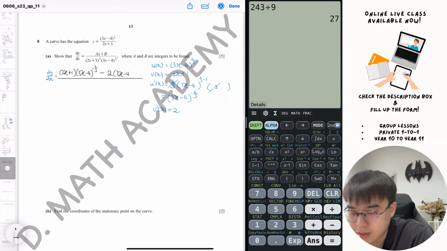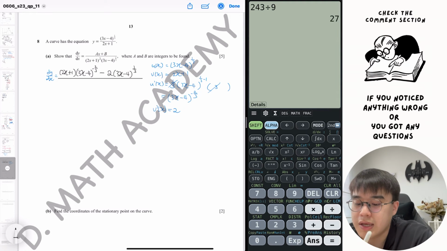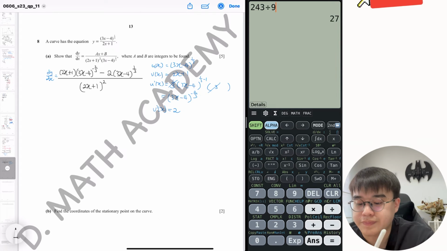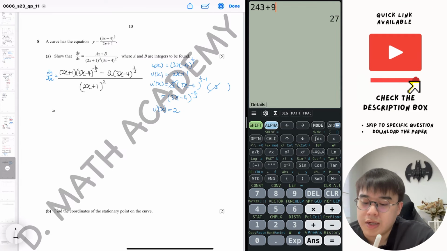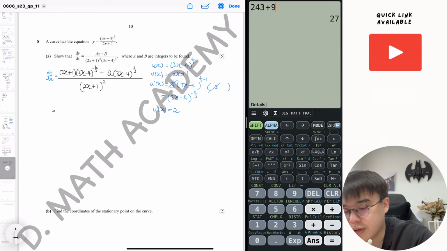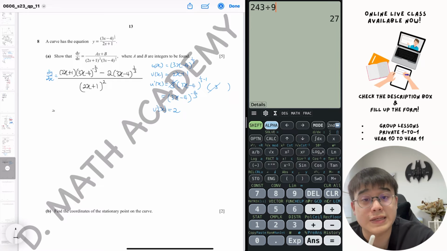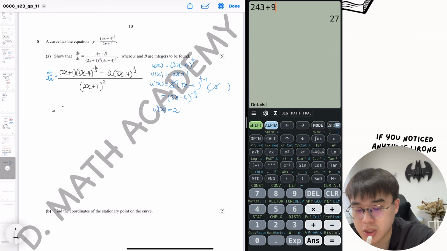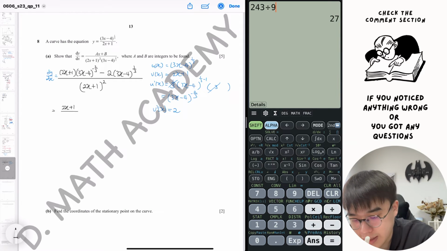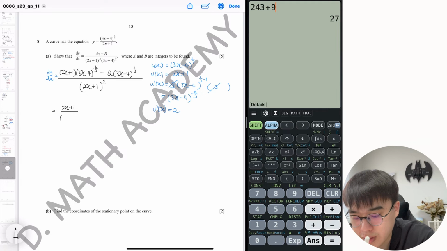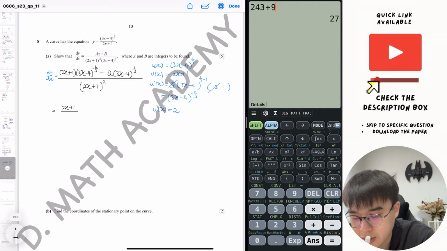So 3x minus 4 to the power of 1 over 3, and your v squared will be 2x plus 1 squared. Because they want us to arrange in the structure that they requested, this will be slightly more troublesome. So I'm going to leave it like this, getting rid of the denominator by bringing it down.